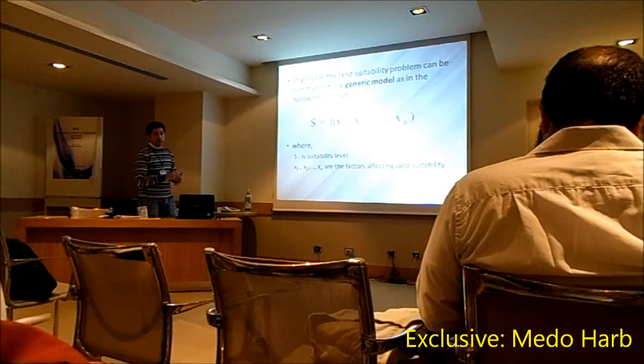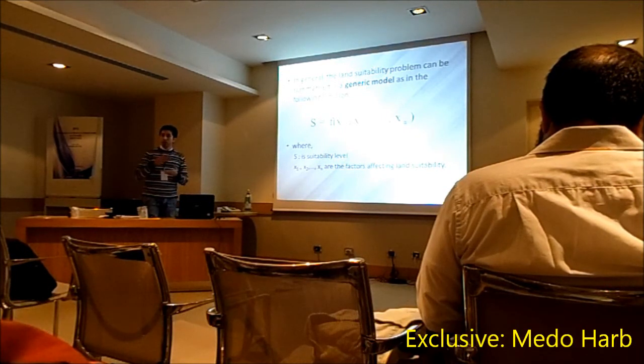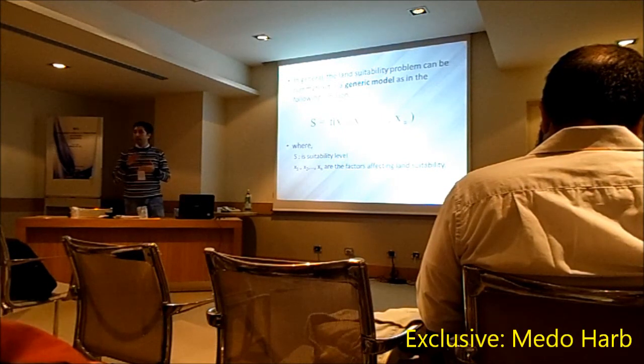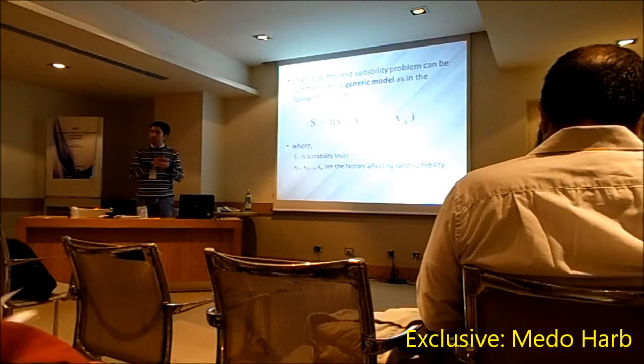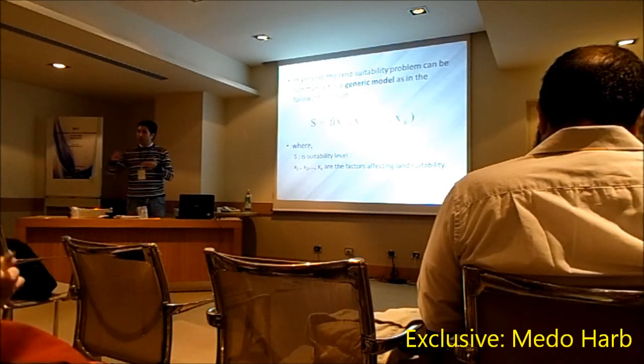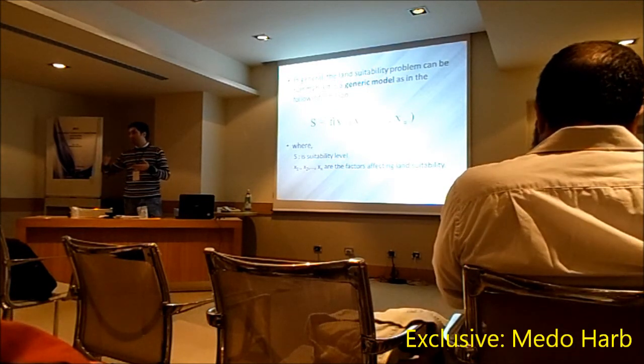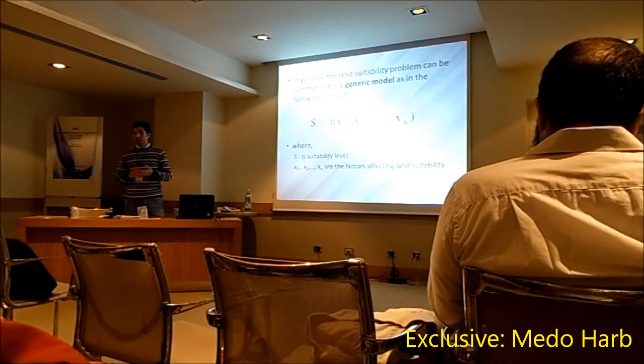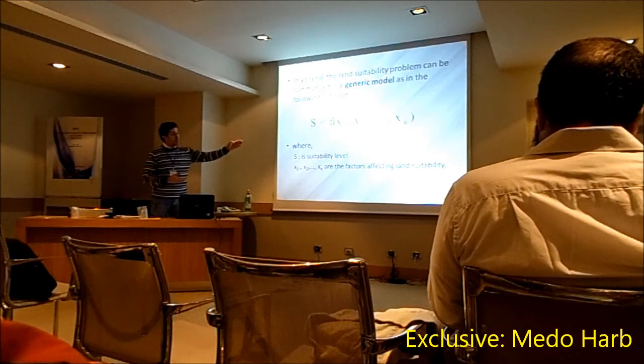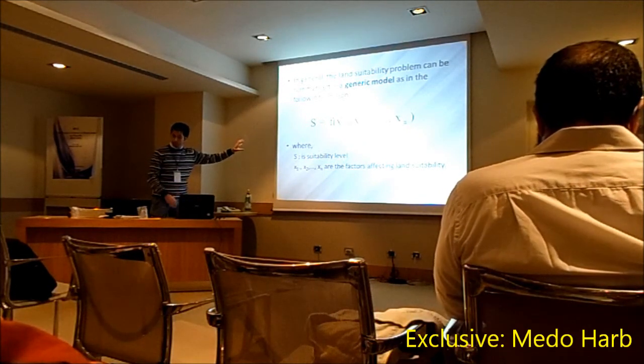Any suitability analysis is about the factors affecting this suitability. So we can say that it's a function of different factors. These factors depend on which kind of land use you are testing. So you can make a function of these factors, and then you can have a final suitability for this land use.